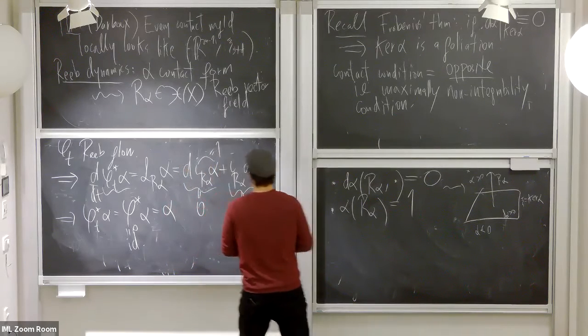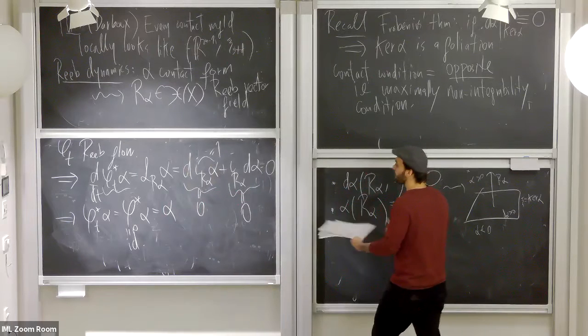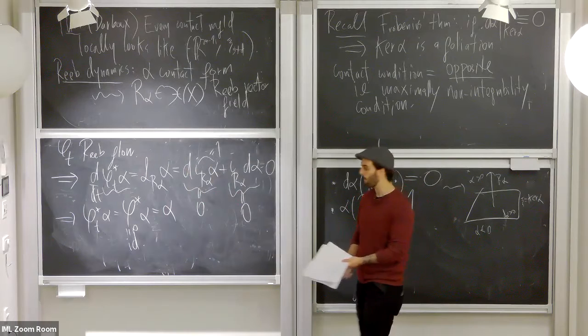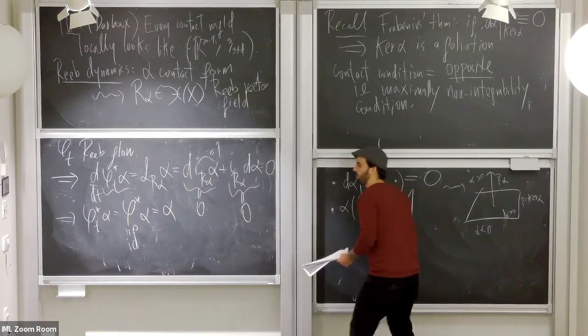Similarly, you can do the same computation for a symplectic form for the Hamiltonian flow, and you see that it preserves the symplectic form. Let's do that computation.